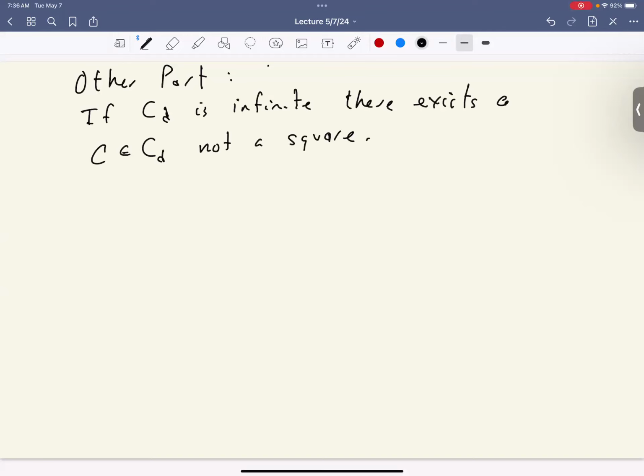Okay, so here's where the big gun comes in, because this is true if you know it's finitely generated.